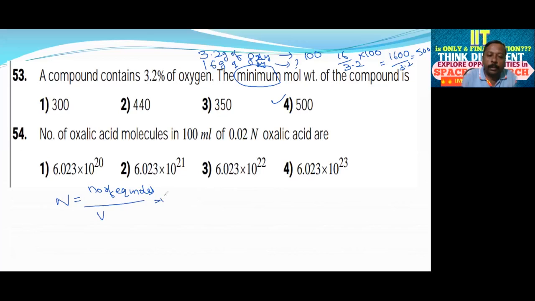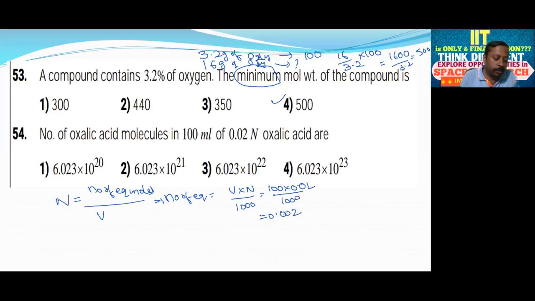So the number of equivalents is volume into normality divided by 1000, because the volume is in milliliters. 100 into 0.02 divided by 1000 is 0.002.